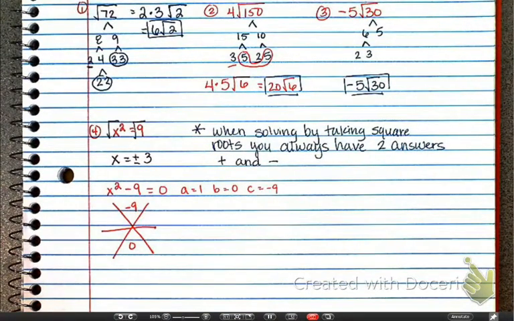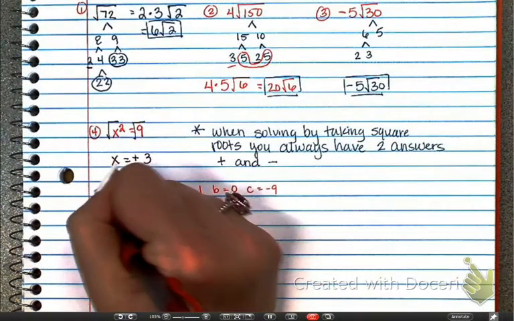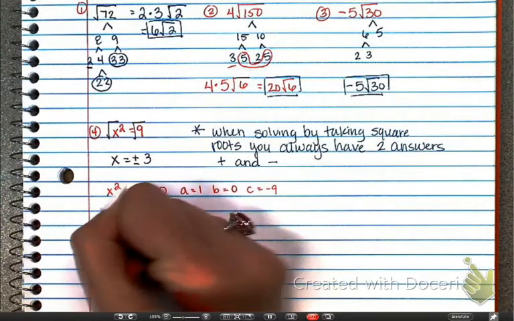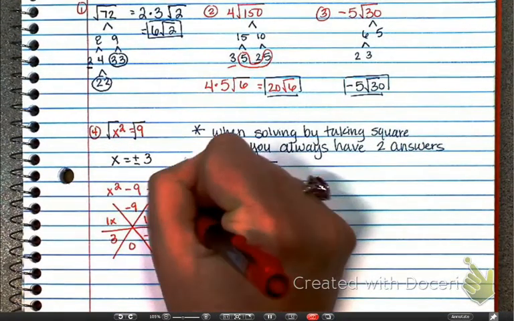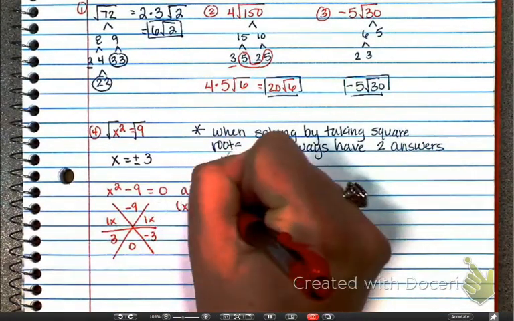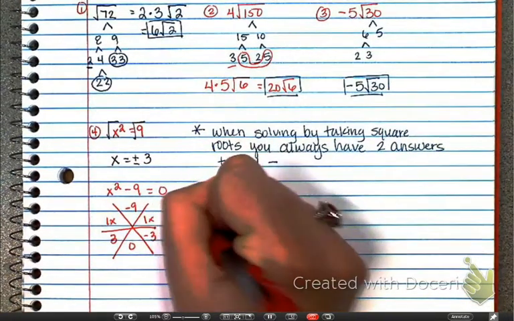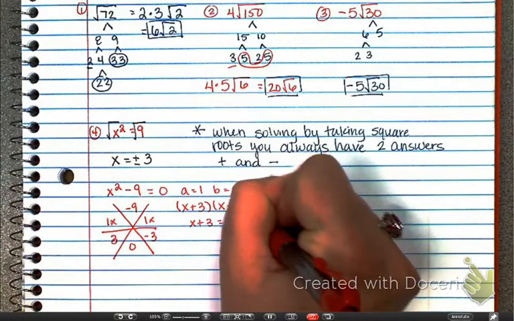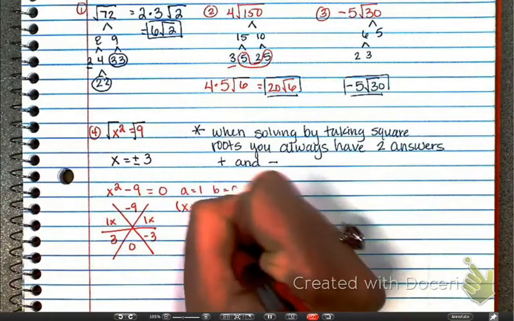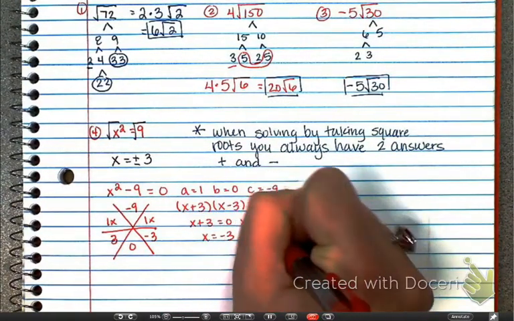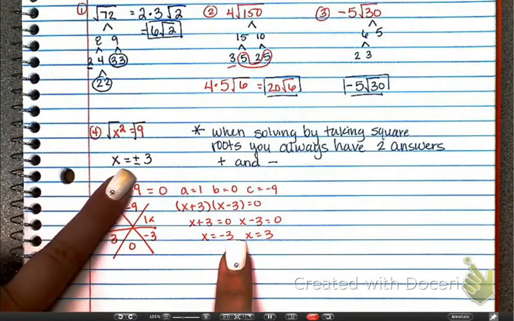I'm looking for two numbers that multiply to negative 9 and add to 0: 3 and negative 3. So my factors are x plus 3 and x minus 3 equals 0. I would set each factor equal to 0. We spent a lot of time doing this. And x equals negative 3 and x equals positive 3.